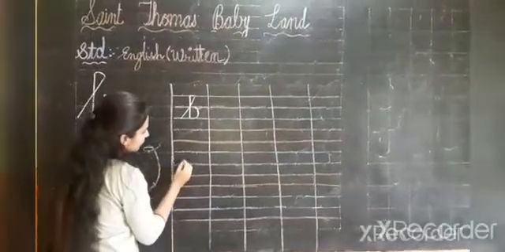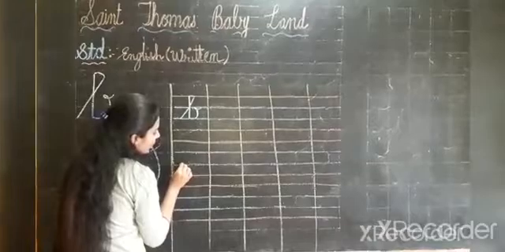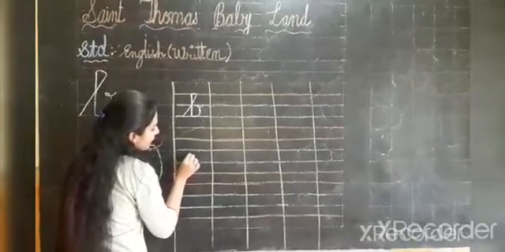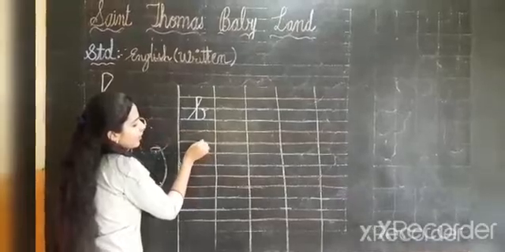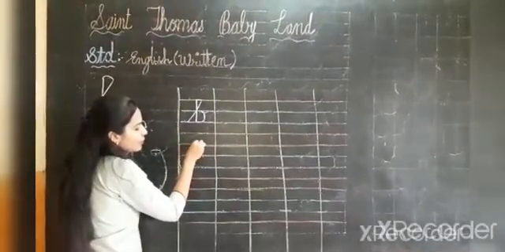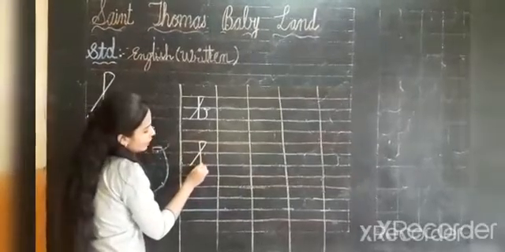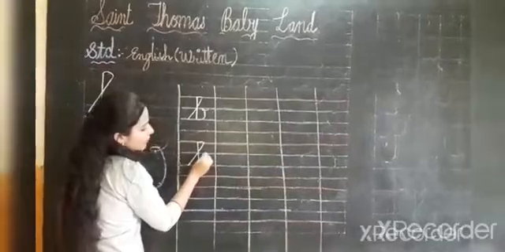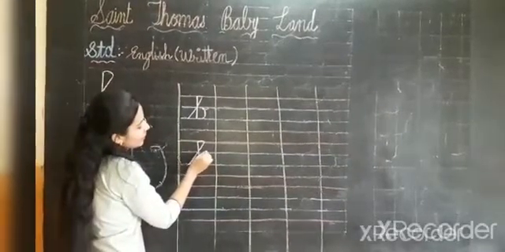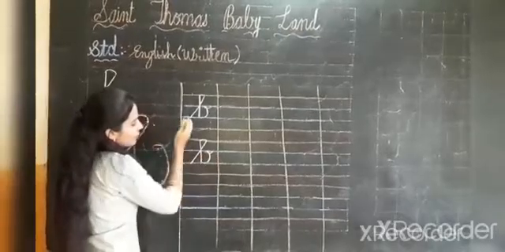Okay. Again. From here you have to go up and do a slanting line up to the red line. Then curve. Then do a straight line. Understood? Then from here you have to do a D curve. Then touch here and from here you have to do a small curve.